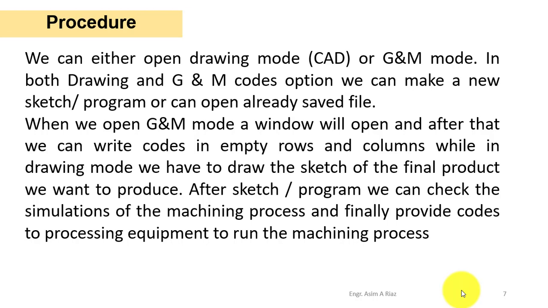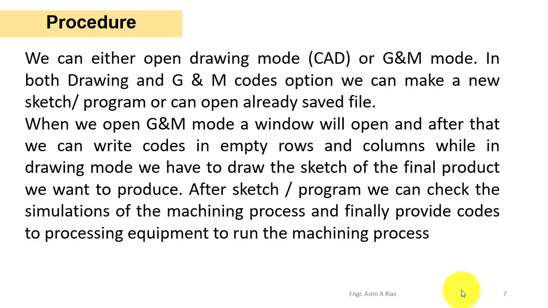Procedure for performing this practical: we can either open CAD or G and M mode. So we have two options. Either we can create a CAD model, or we can write G and M codes. In both the drawing and G and M codes options, we can make a new program or open an already saved file.